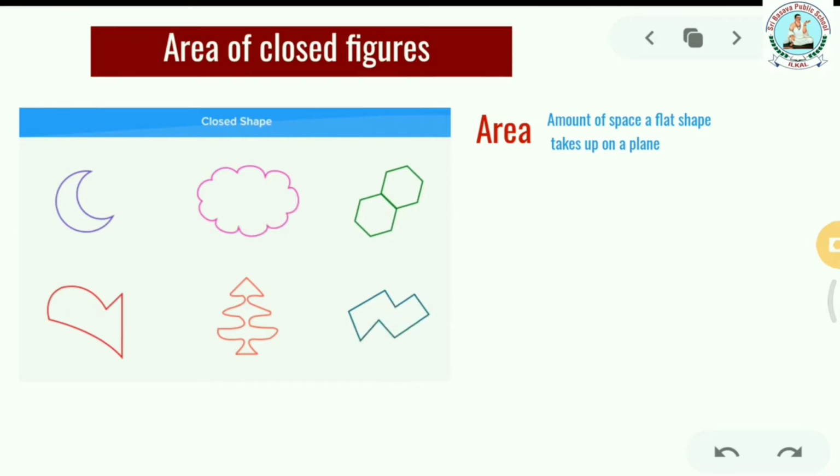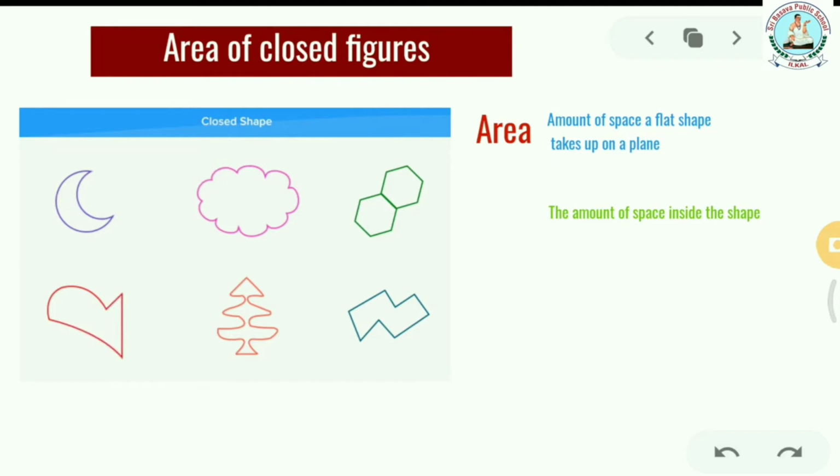So area can also be defined in another way, that is, the amount of space inside this shape. This is the amount of space inside this flat shape, and this amount of space occupied by this flat shape is nothing but its area.